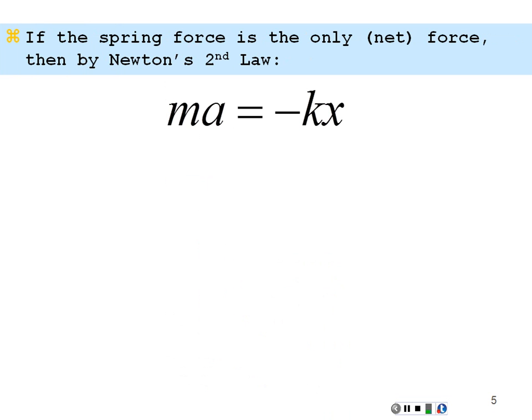If this Hooke's law force is the only force acting on this system, then by Newton's second law, I can say it's equal to the net force. So I could say that ma is equal to negative kx. Now in this case, we might have gravity to consider, more on that later, but for the moment, we're just going to isolate this force as being our net force, and we're going to set that equal to ma.